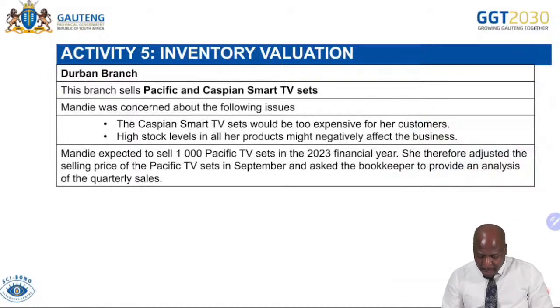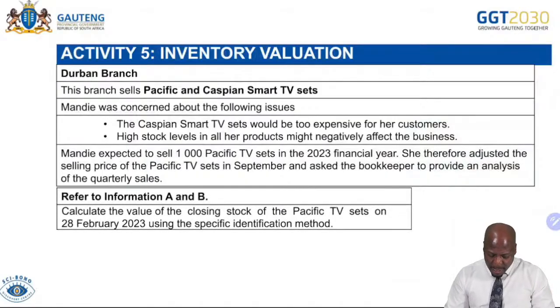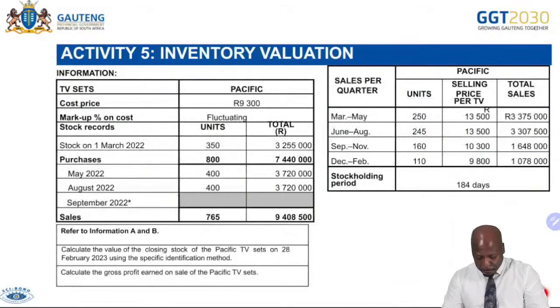Mandy was concerned about the following issues, all right? And then I'm not going to read much of this. I'm going to quickly go on to the calculation. Refer to information A and B. Calculate the value of closing stock of the Pacific TV sets using the specific identification method. I want to remind you of the specific identification method.